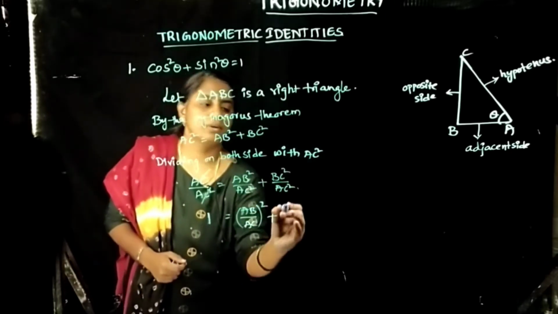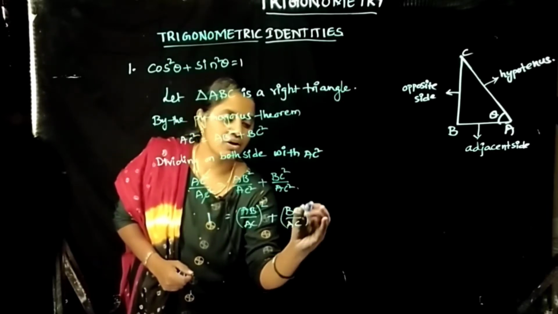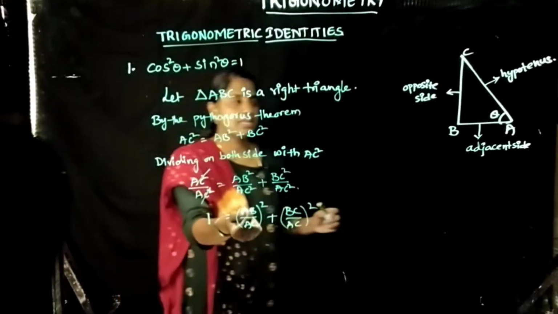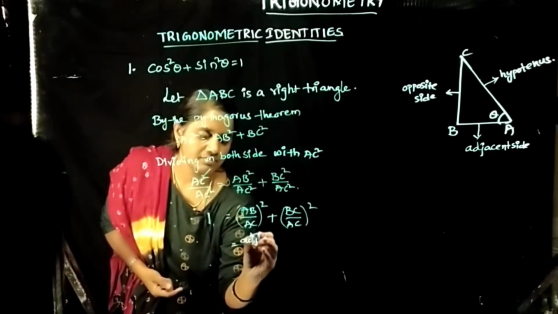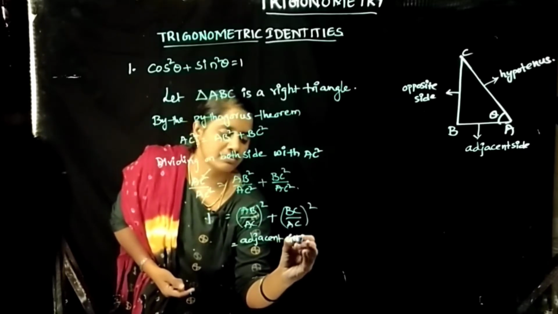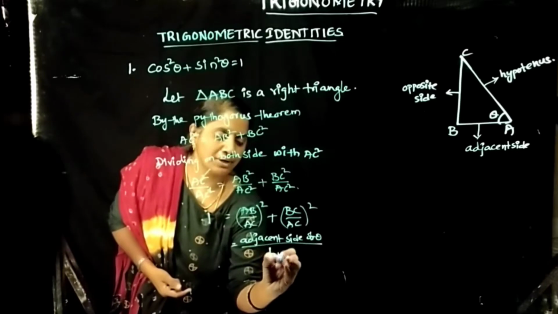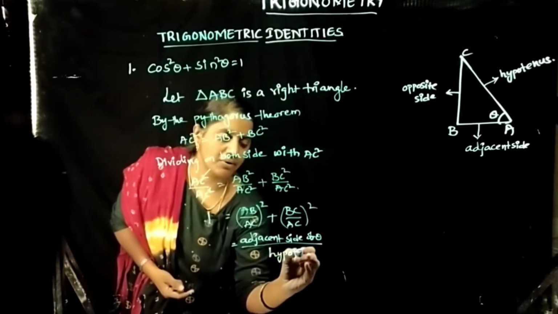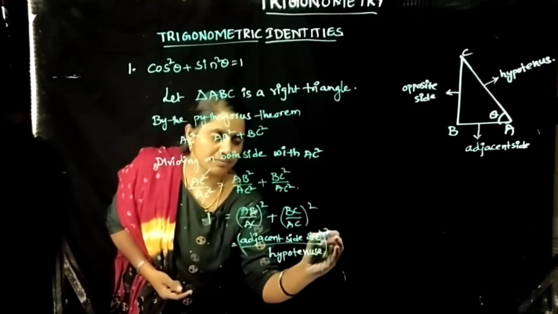Here also BC by AC whole square. From the figure, what is the AB? AB is the adjacent side of theta by hypotenuse. AC means hypotenuse, whole square.